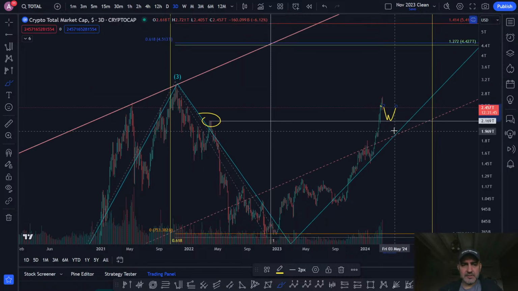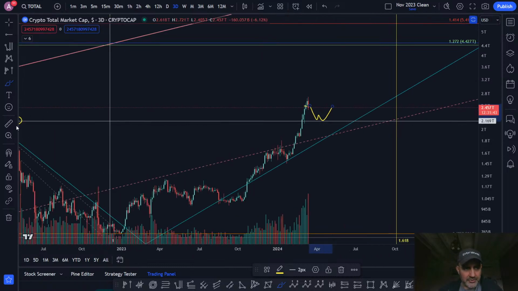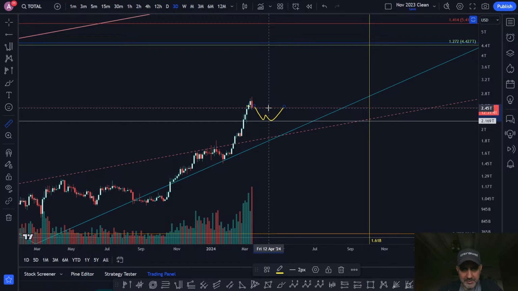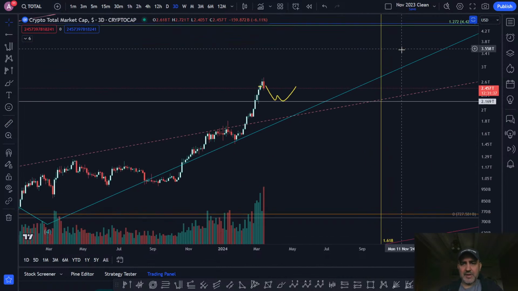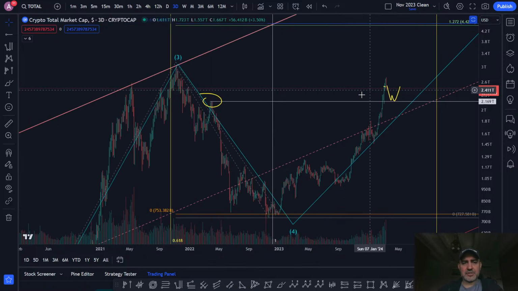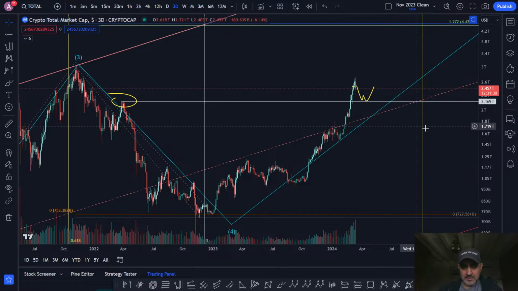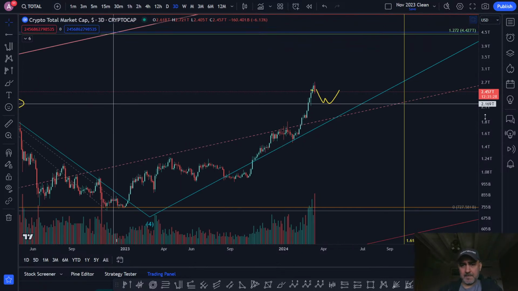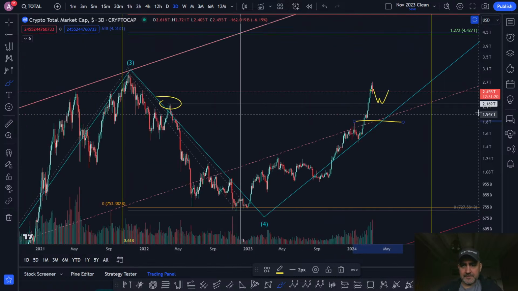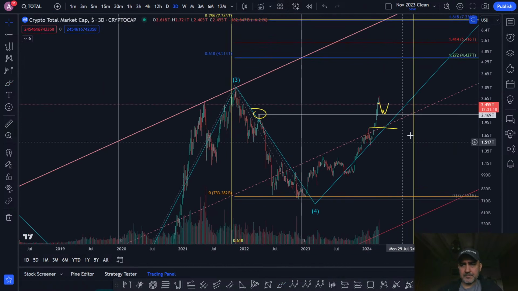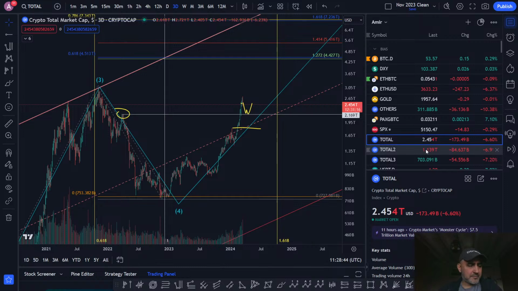There'll be a little bit of pullback on the total crypto market cap, potentially of about 10%. I think that would be a really nice confirmation to get an SR flip on that previous high. Worst case scenario, you're going lower, but then you have another SR flip into the bottom of this channel, potentially.